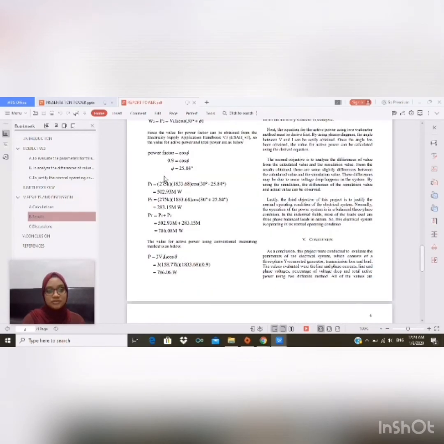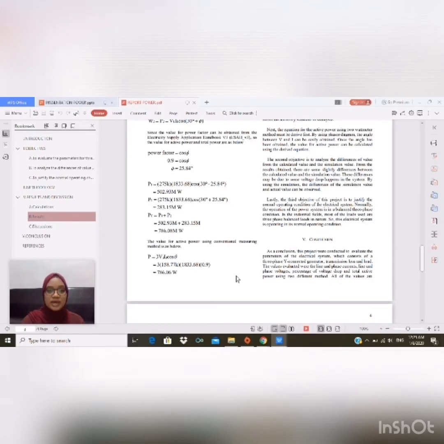Next, we substitute the values for V line, I line and also phi. We get the answer for wattmeter 1 and then for wattmeter 2. Then we add both values and get the final answer for the total power consumed by the load, which is 786.08 megawatt.